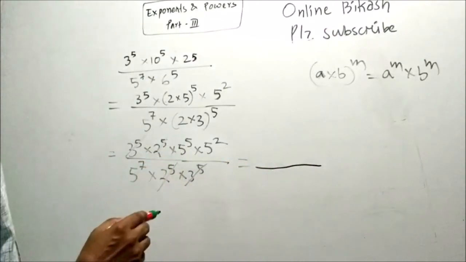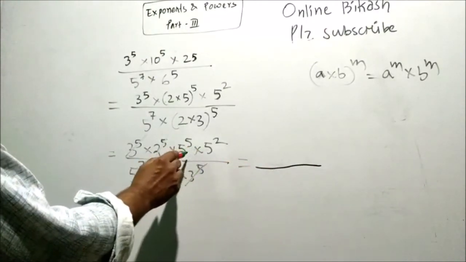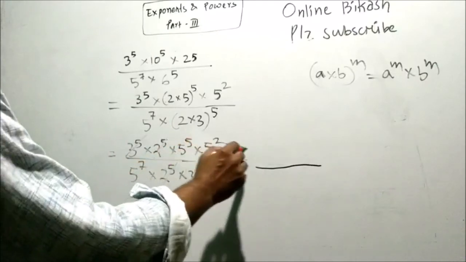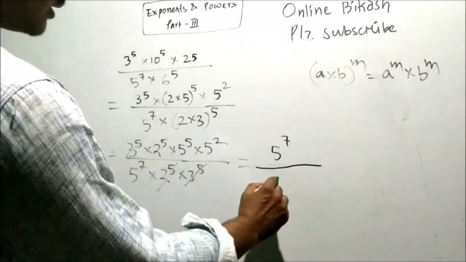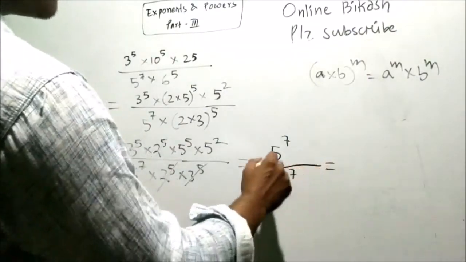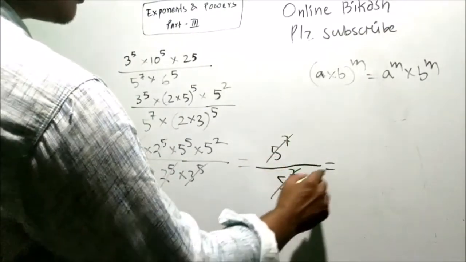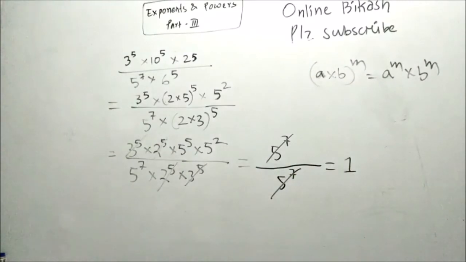Both have the same base, so the powers will be added, that is 5 to the power 7. In the denominator we have 5 to the power 7. We can cancel it, so we have 1. The answer is 1.